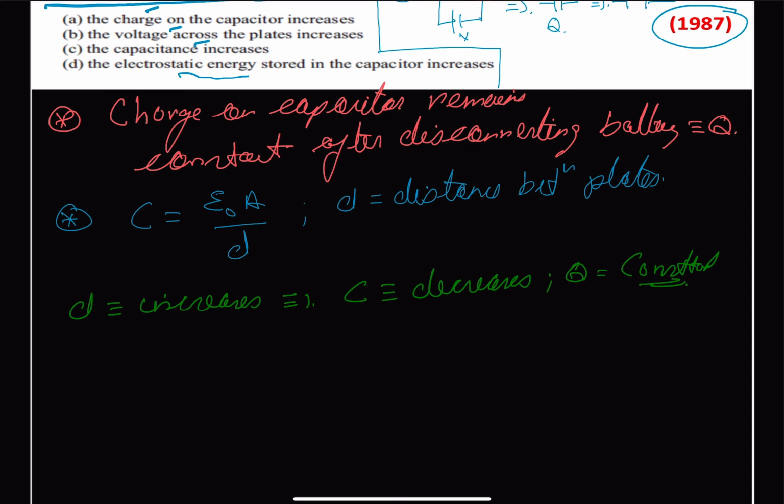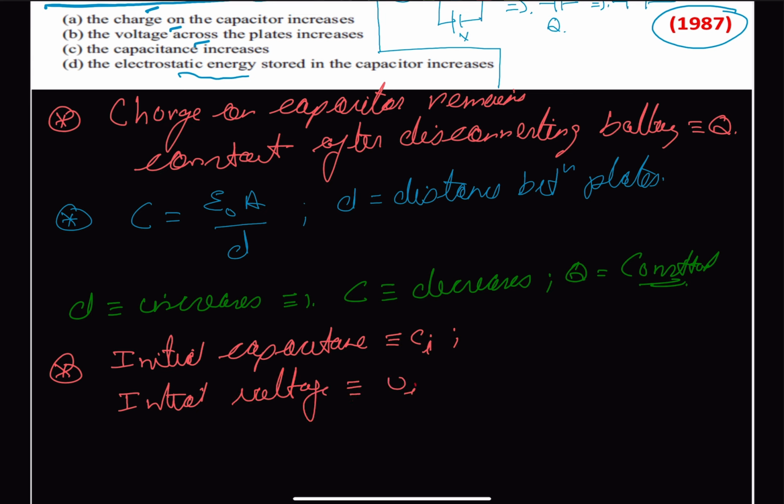Therefore, we can say that if initial capacitance is our Ci, and initial voltage is, let us suppose, Vi, and we have our final capacitance, let us suppose that is given as Cf, and final voltage is our Vf, but our charge is constant.